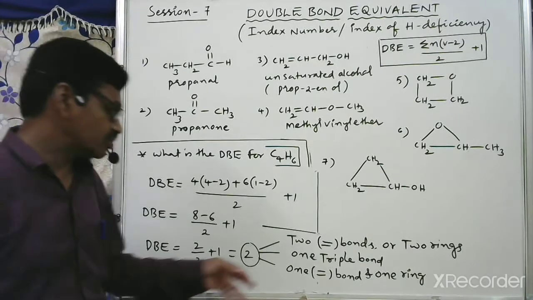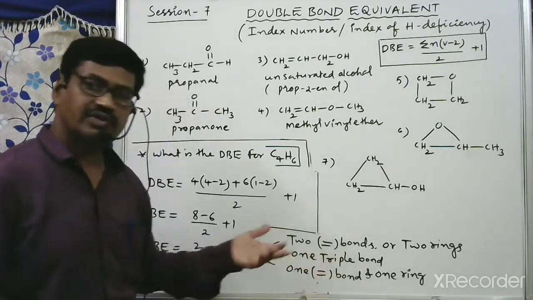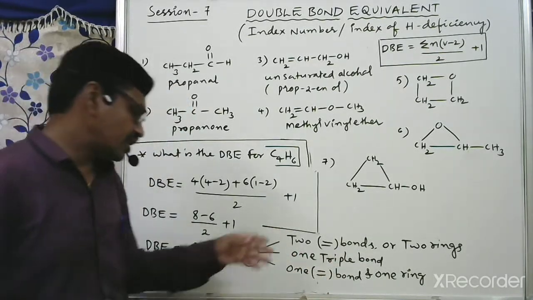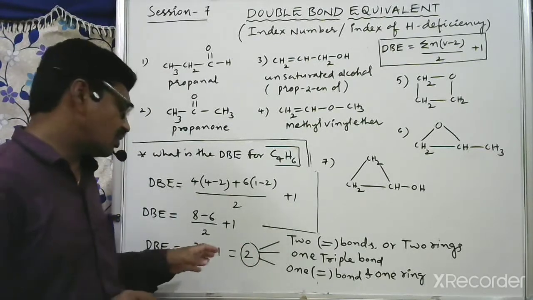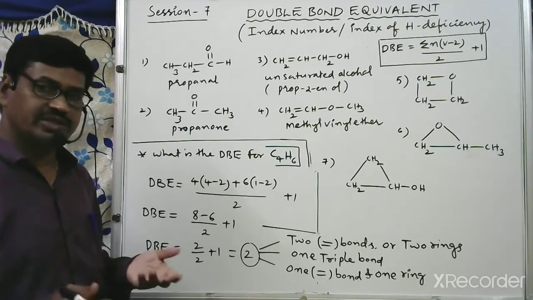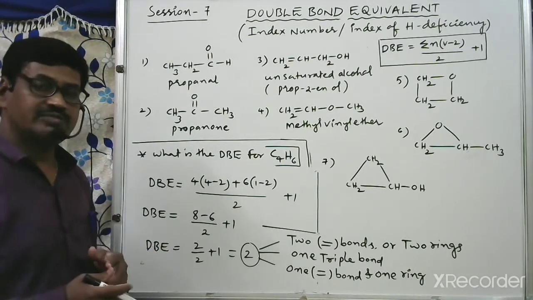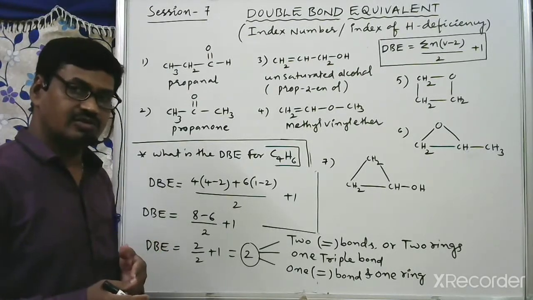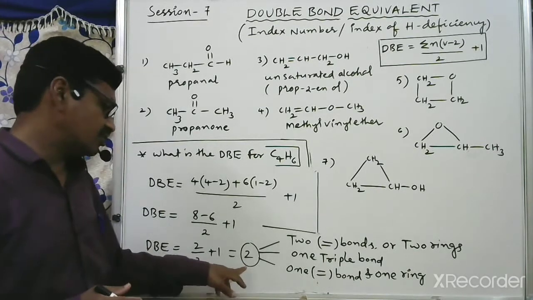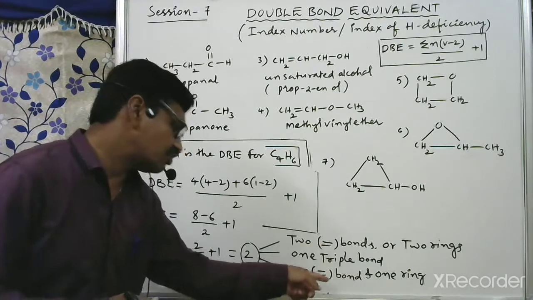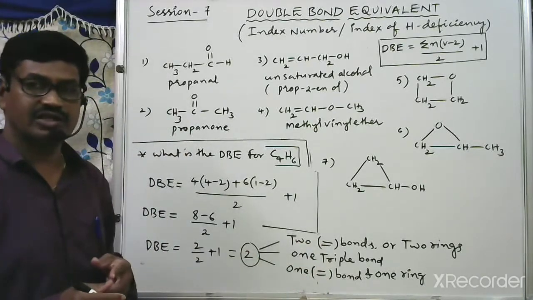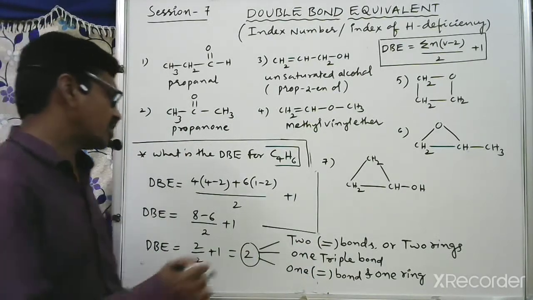If you know this, we can try. If you go for trials by using this, you can get the exact answer. Otherwise, without double bond equivalent, you may get some of the isomers, but it is not possible to get the exact answer. Here we can write different structures using these double bonds, triple bonds, and rings. So try for this.